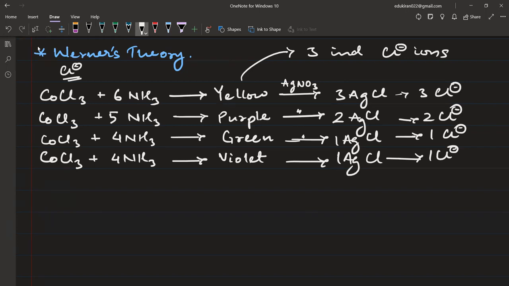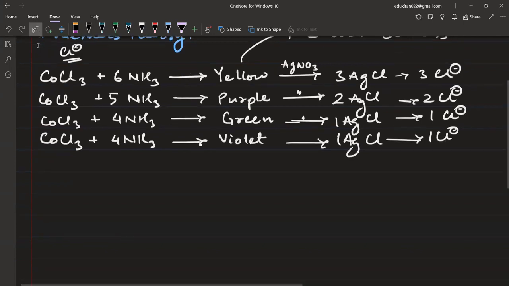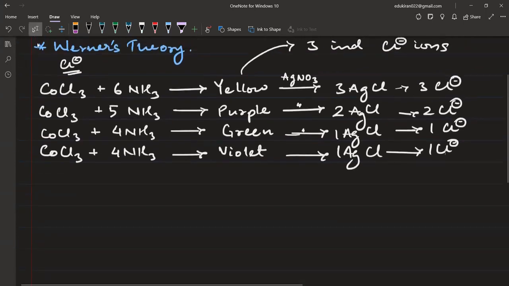That means there are different types of valency that can be associated with cobalt. Because he saw that if three Cl negatives are independent, all of the ammonia will be bonded to cobalt. And he used to write the formula in this way: Co(NH3)6 Cl3.